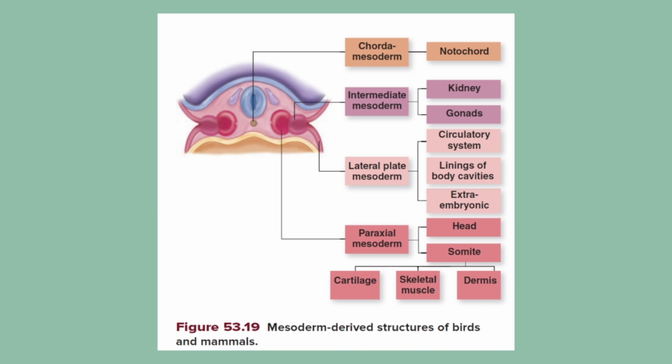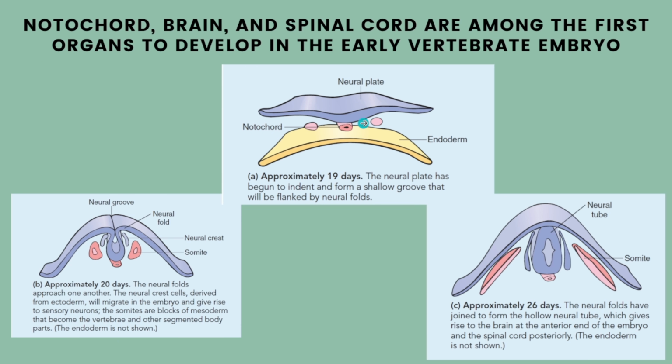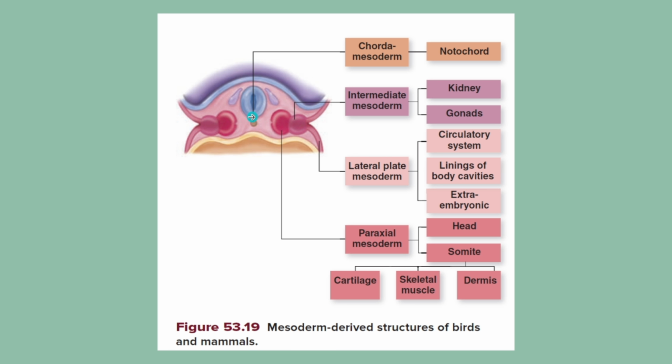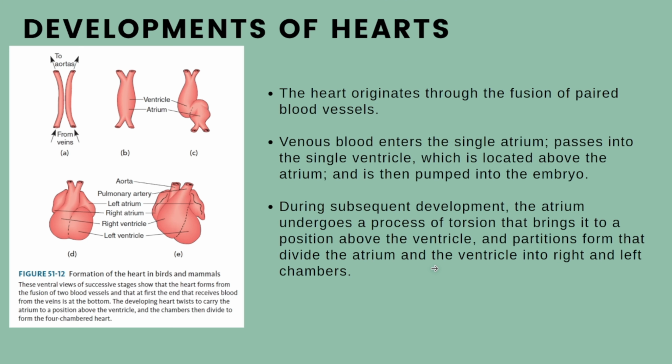It is located here, right? So it formed here. The intermediate mesoderm forms the kidney and gonads, the lateral one forms the circulatory system, and the paraxial forms the head and skeletal system, all that.